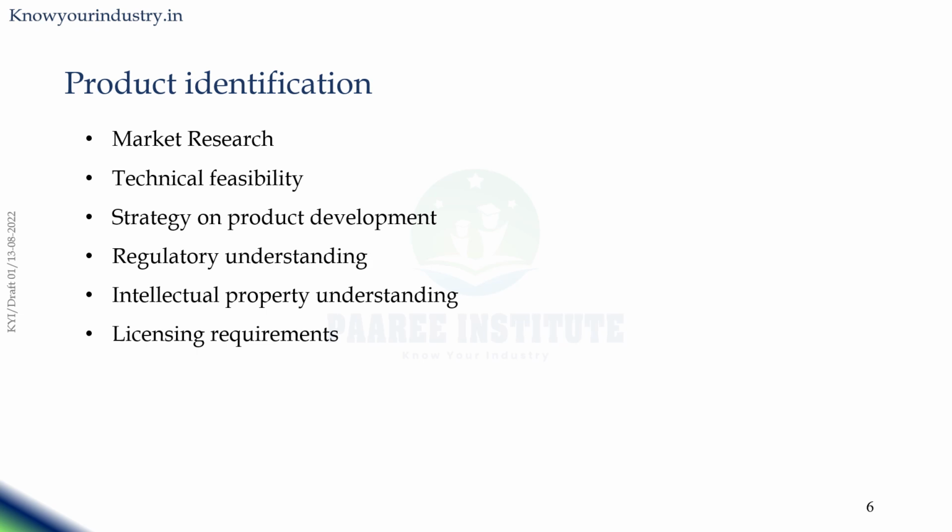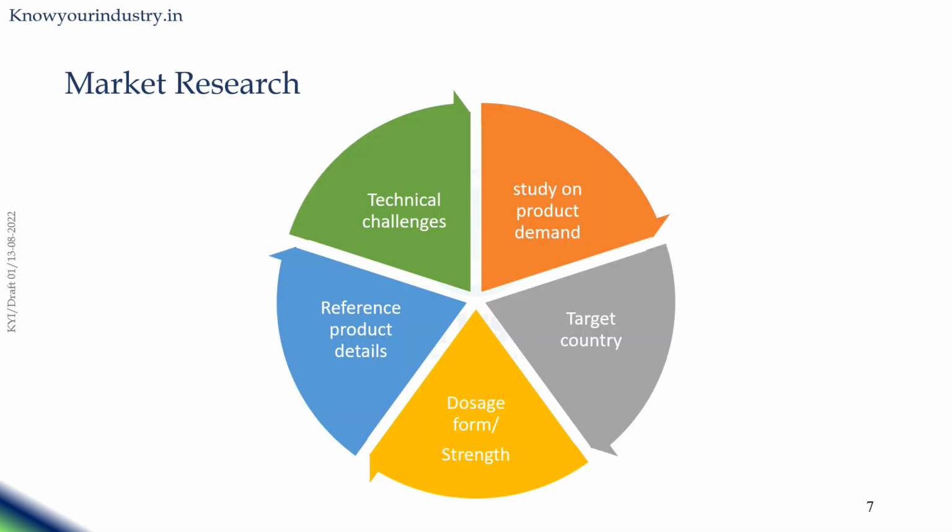Move on to the next slide. Let's discuss the market research. In the market research, there are various factors. The very important factors are tabulated here, which are technical challenges, study on product demand, target country, dosage form or strength, and the reference product details.